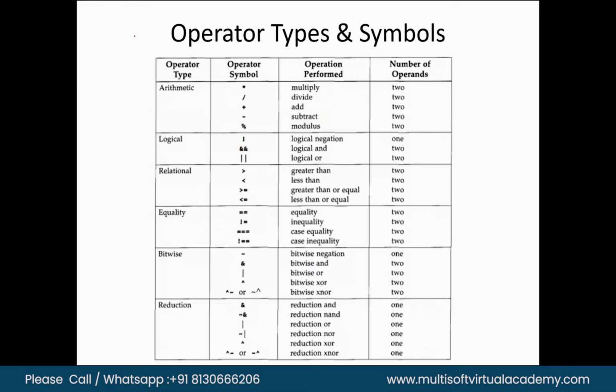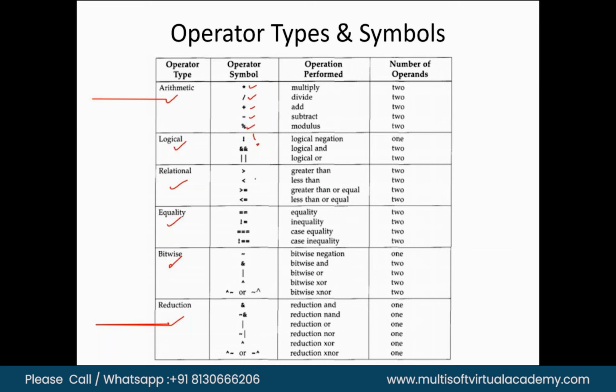Before that, I will go with the operators. So these are the different types of operators. We have arithmetic operator, logical operator, relational operator, equality, bitwise, reduction, and more operators are there. This arithmetic operator: multiplication and division, addition, subtraction, modulus, and here it is logical. This is logical negation, and operation.